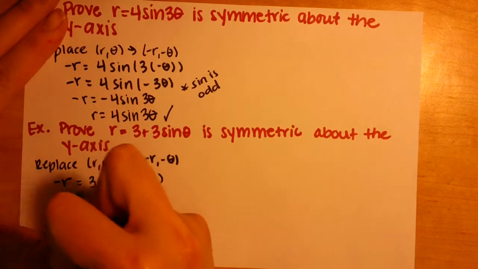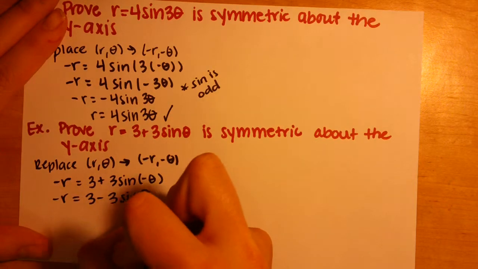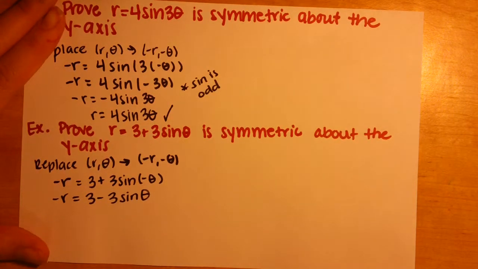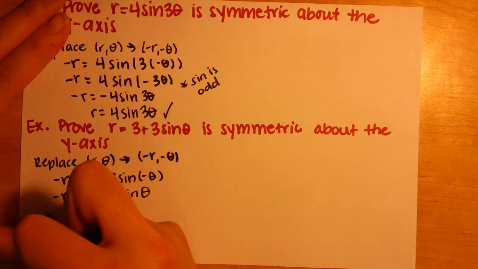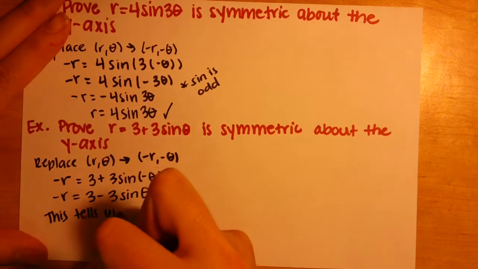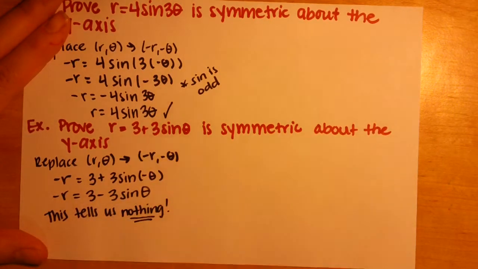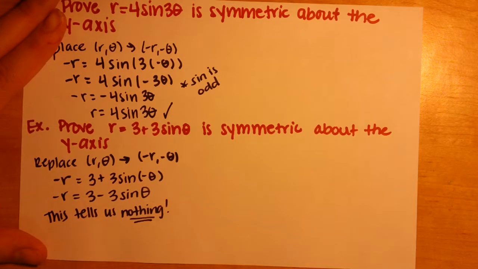Sine is odd, so we can bring that negative out. And there's not much else we can do here, and so this tells us nothing. It's not saying that it's not symmetric. It's not really telling us anything.